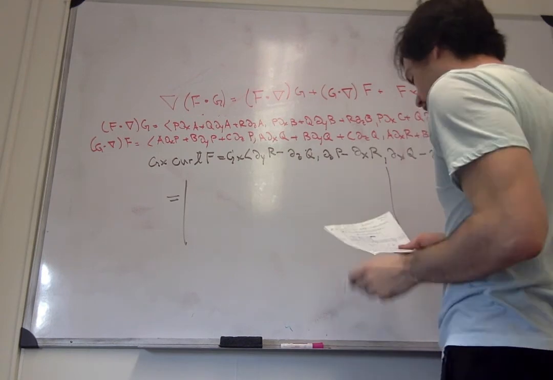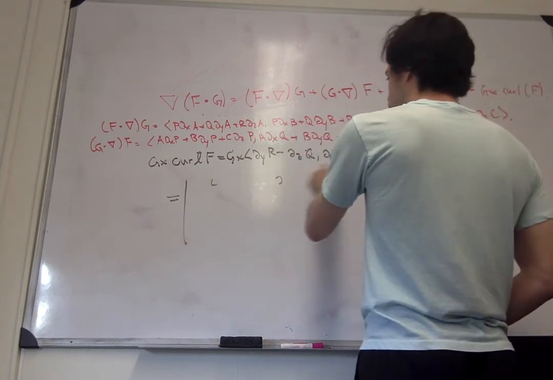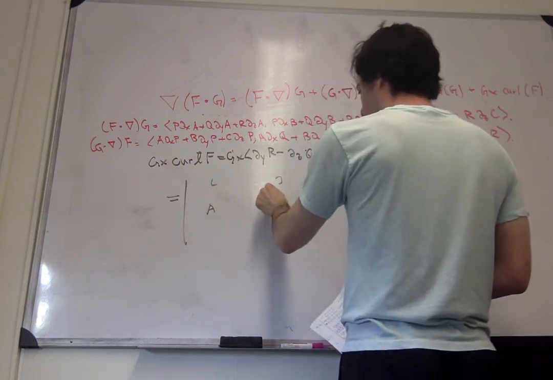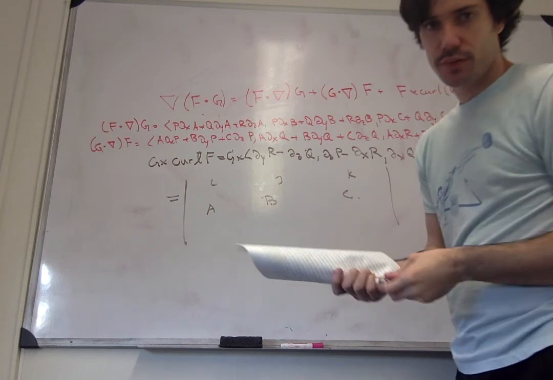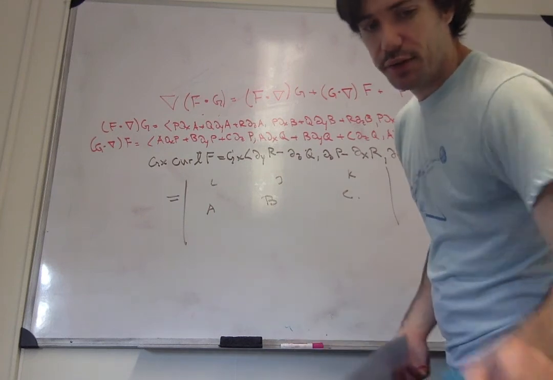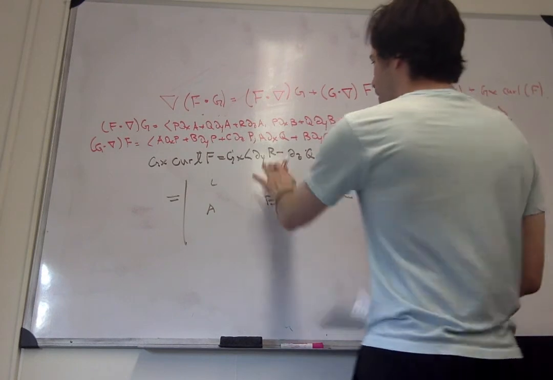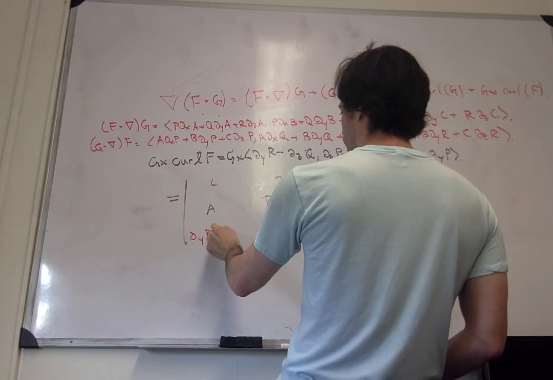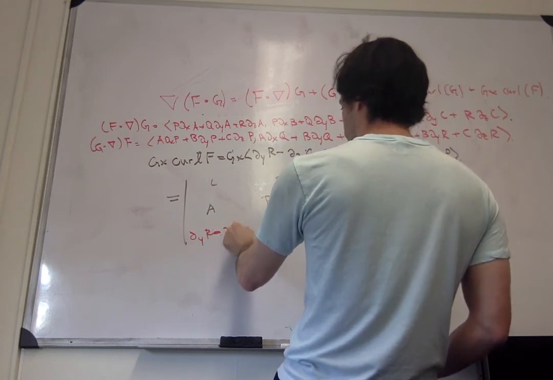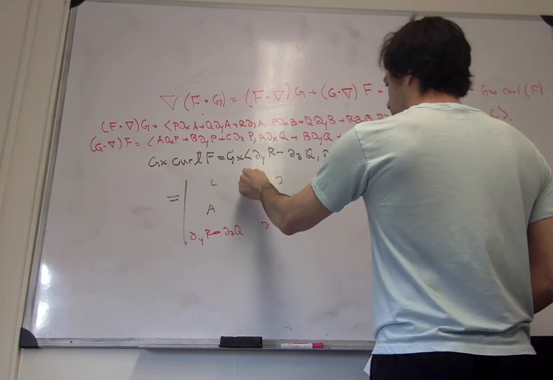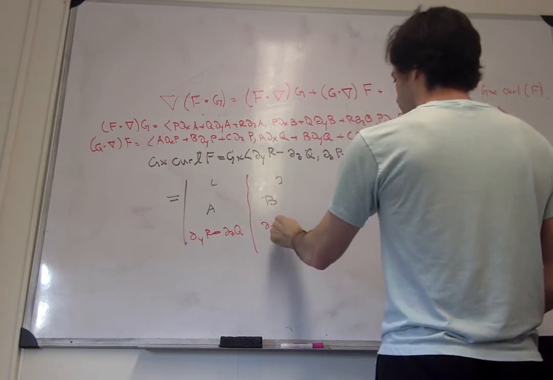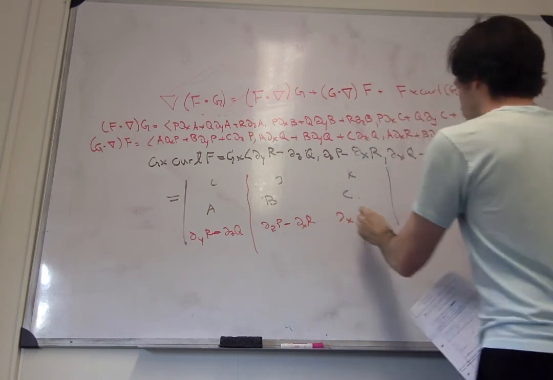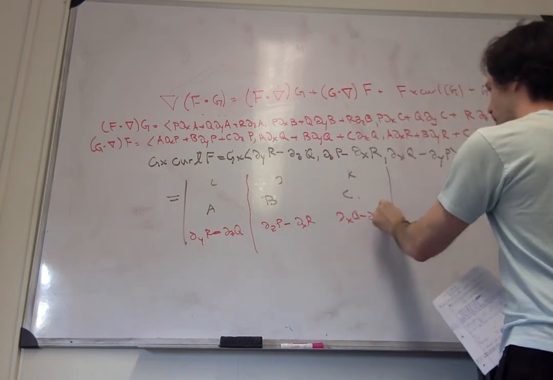So when I apply it, I get I, J, and K, and G, remember G is A, B, and C. And so because that's equal to A, B, and C, I'm going to copy these parts here, and that's going to be this right here: del z P minus del x R, del x Q minus del y P.